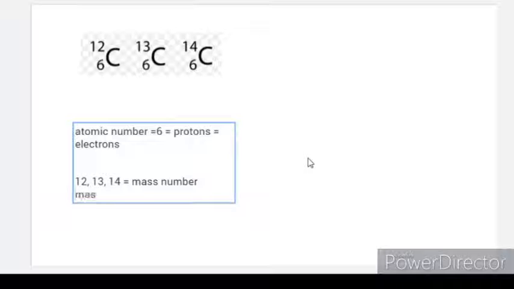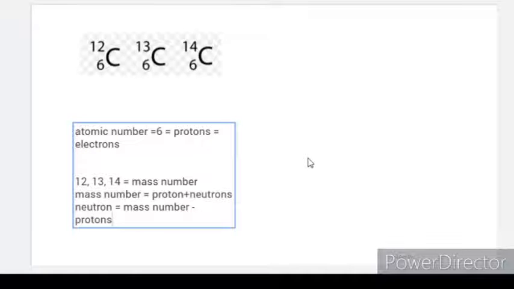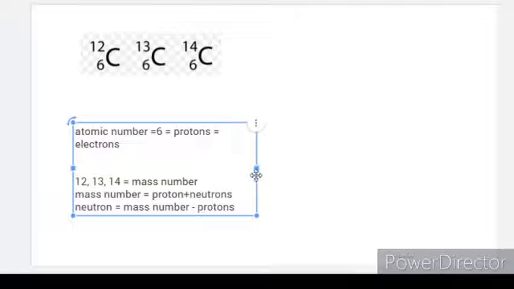And mass number is equal to the number of protons plus the number of neutrons. Given this, we can also find the number of neutrons to be equal to the mass number minus the number of protons, given the following formula.